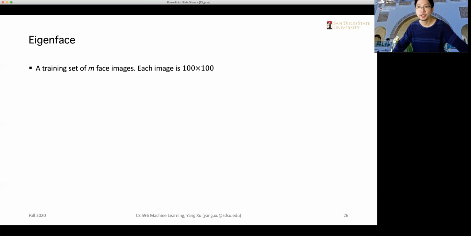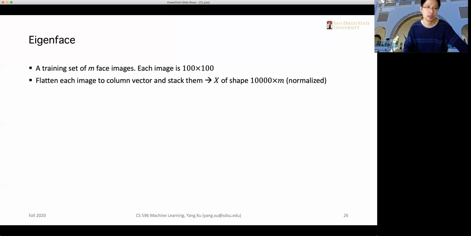Say you have a training set of n faces, and each face is a black and white image of 100 by 100 dimensions. So we can flatten each image into a 10,000-long vector, right? And assume that we stack them into columns, and we will have a large matrix, 10,000 by n. It's normalized, just like the bird data sets.